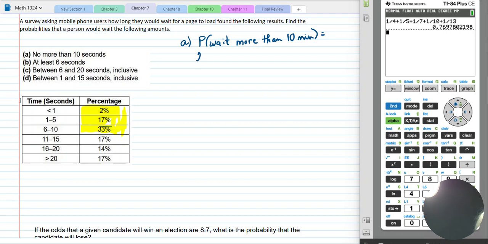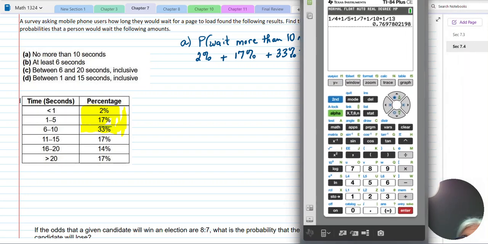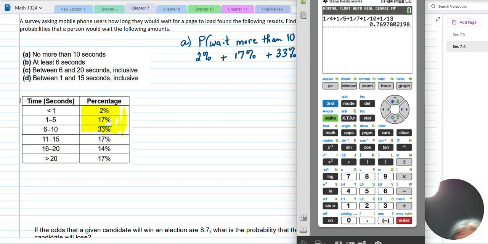So we would have the 2% plus the 17% plus the 33%, all the values of percentages that are less than 10. And we would add them. That would be 2 plus the 17 plus the 33.